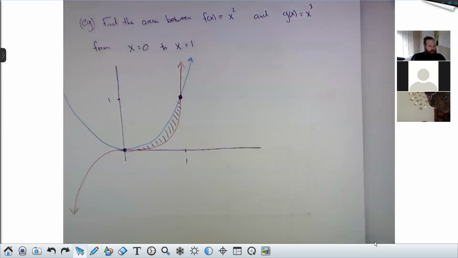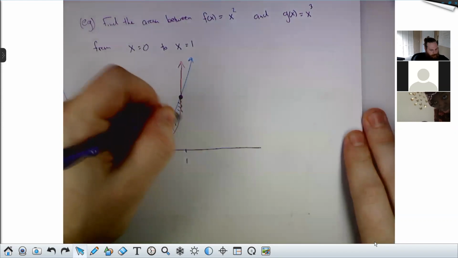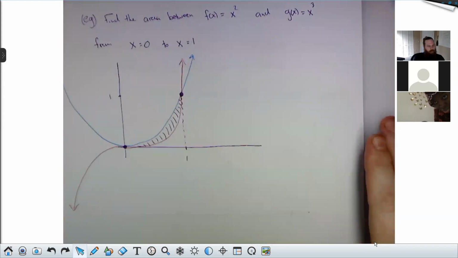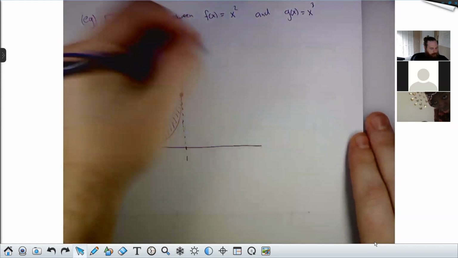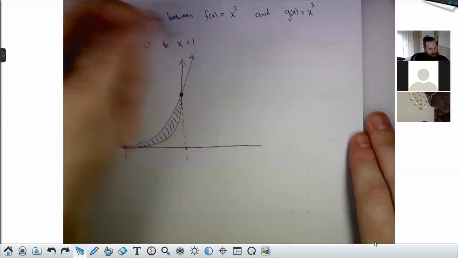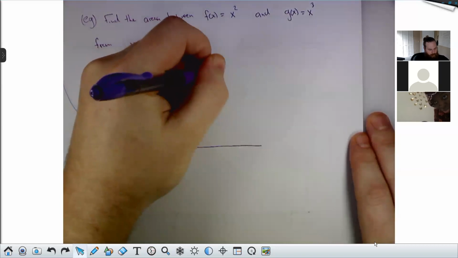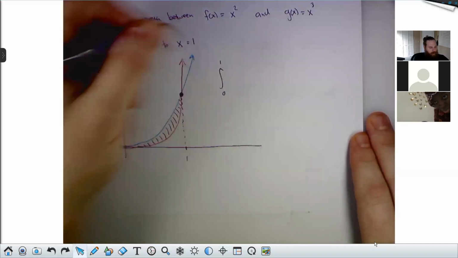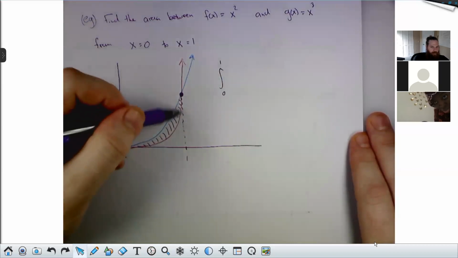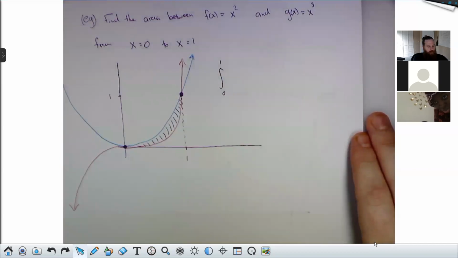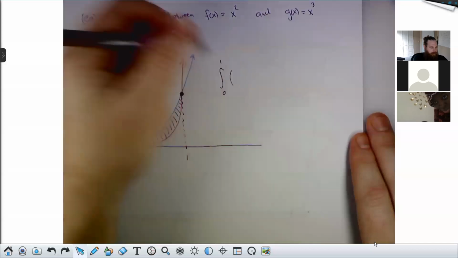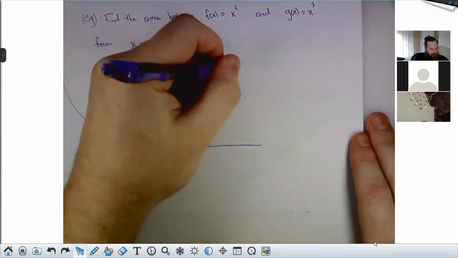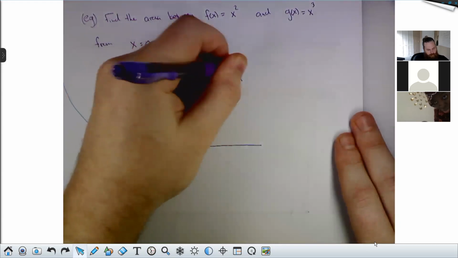And I can think of that as the area under the blue minus the area under the red. So if we follow the formula here, the area I want is the integral from 0 to 1 of the upper function minus the lower function. That's really the way to think of it. And the upper function here between 0 and 1 is f of x, or x squared.